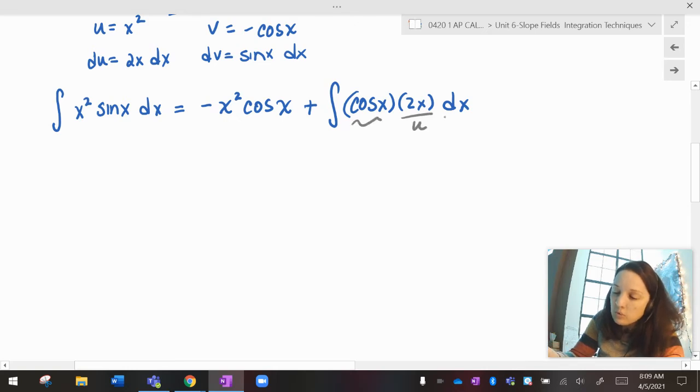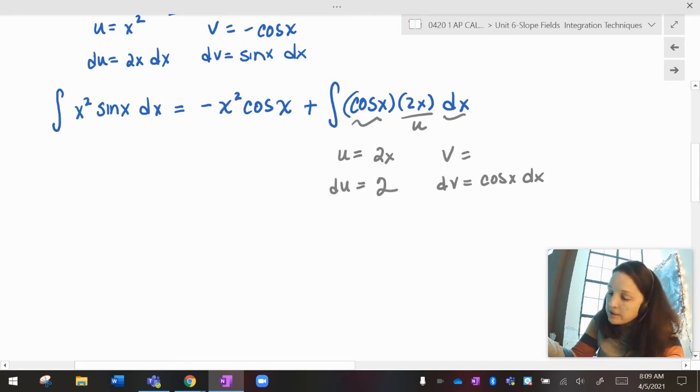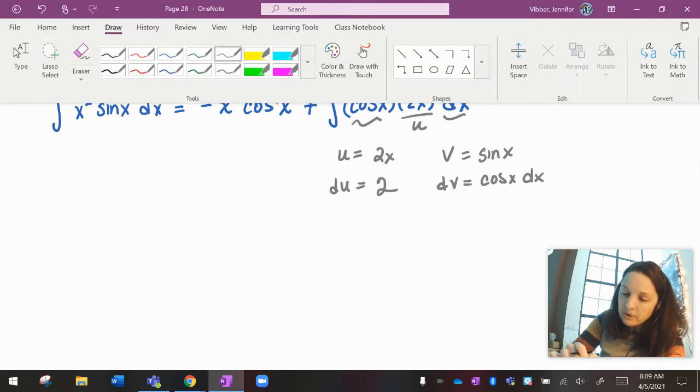That's going to be u, and the rest of that's going to be dv. So u is going to be 2x. dv is going to be cosine x dx, making du 2 and making v sine x. Okay, so now I got to be a little careful here.